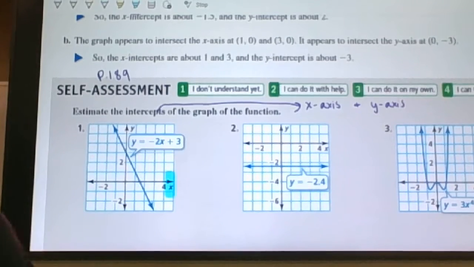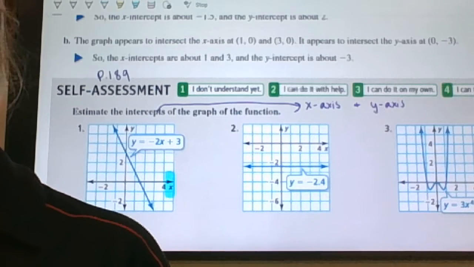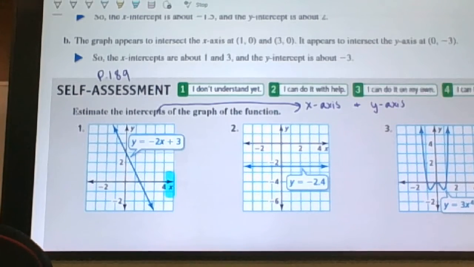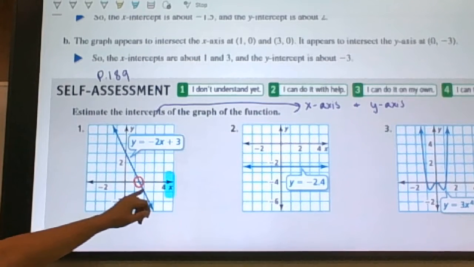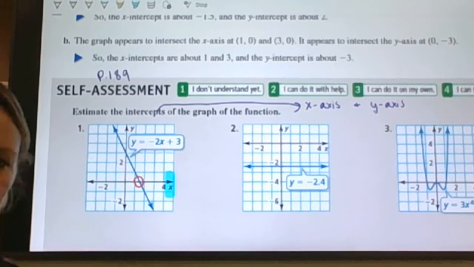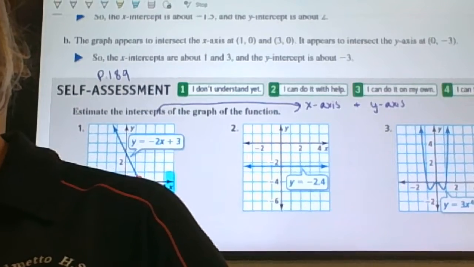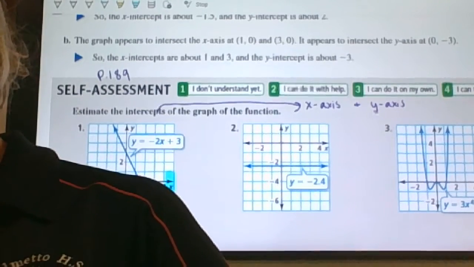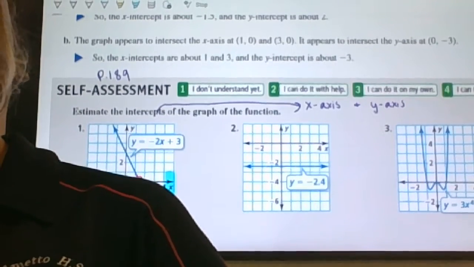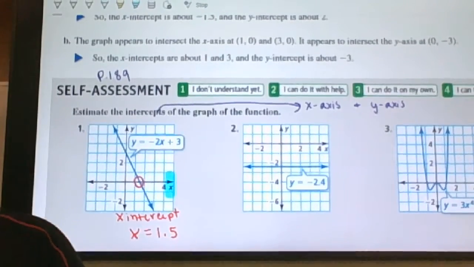Here's an x-axis. So I'm going to look and see where it goes through. It goes through here. You can circle it right in your book. This area here where the graph goes through the x-axis is called an x-intercept. And that's at about 1.5.